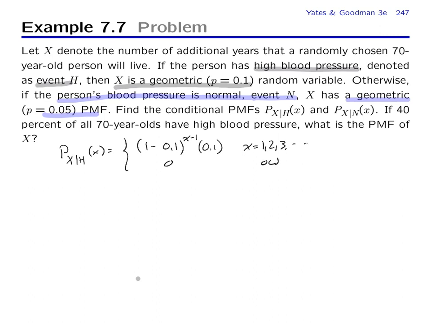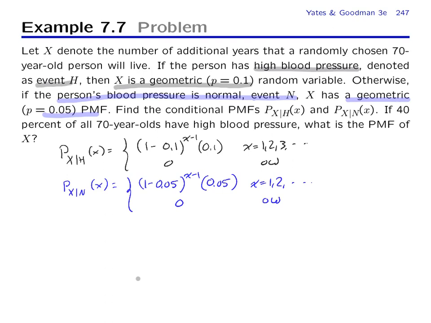And we also have the conditional PMF of X given normal blood pressure, and this is equal to (1 minus 0.05) to the X minus 1 times 0.05, X equals 1, 2, and so on, and 0 otherwise.